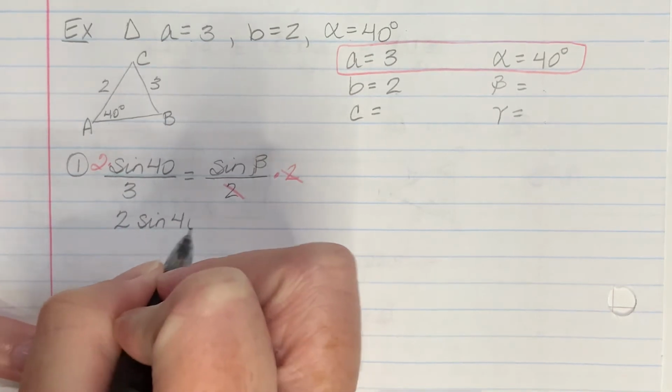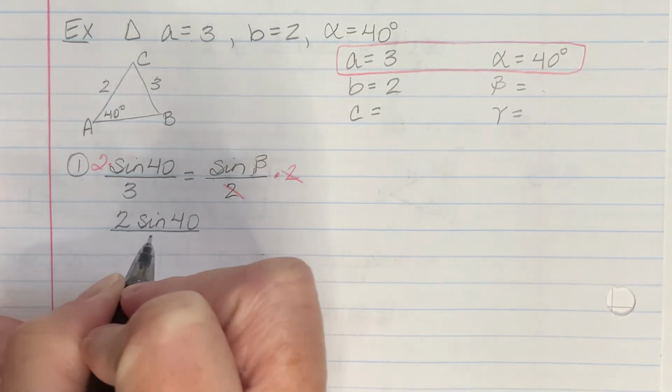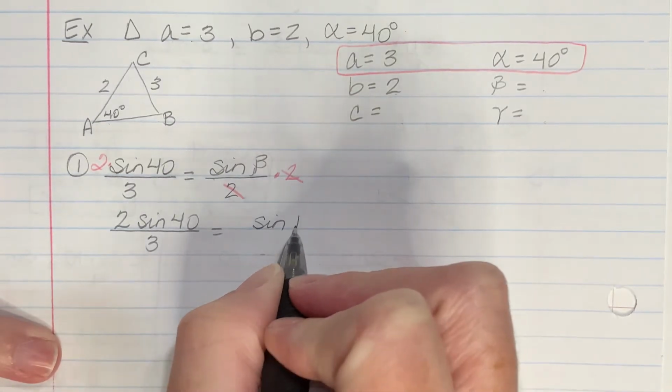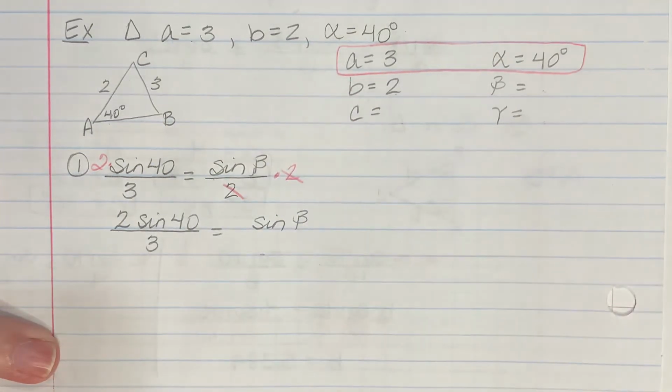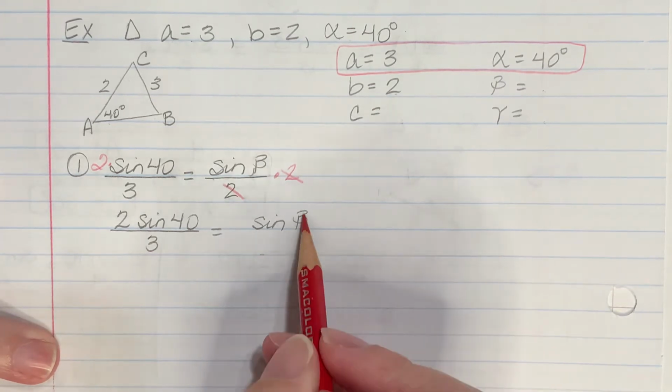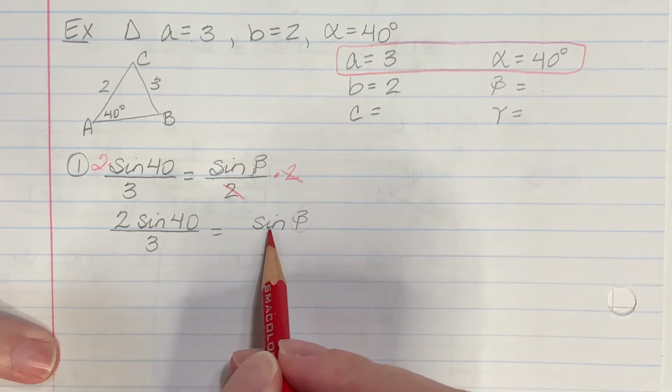So we're going to say 2 sine 40 over 3 equals, and I'm going to leave a little space there so we can solve for the angle, sine of B. How do we undo sine to get B by itself? How do I get rid of sine?